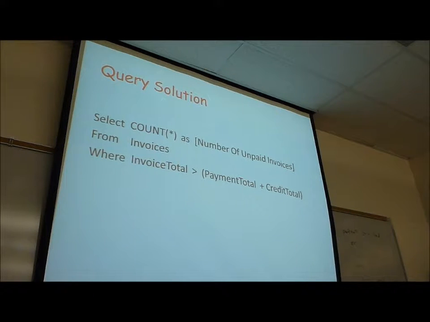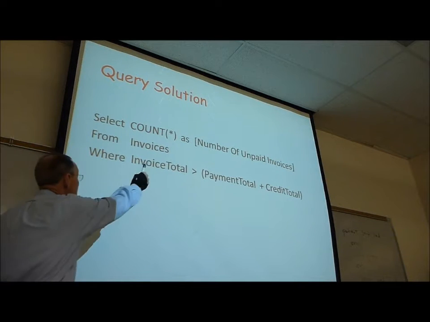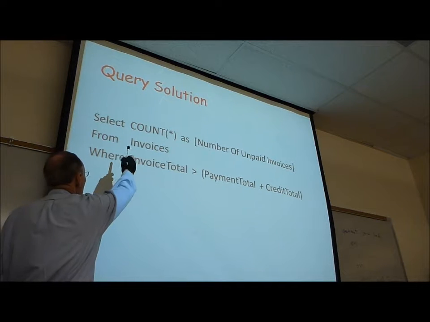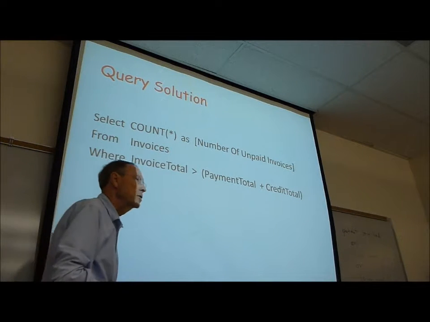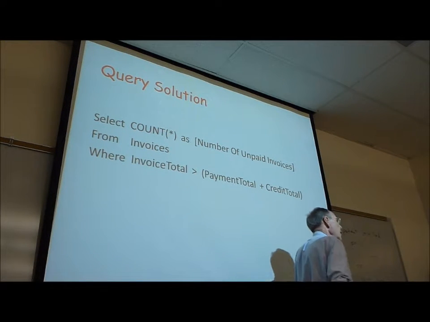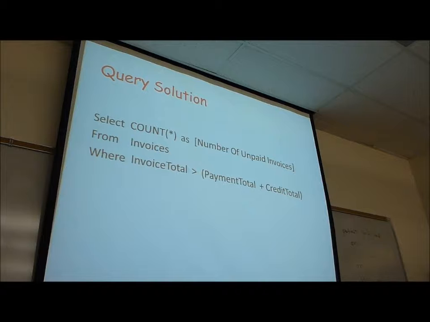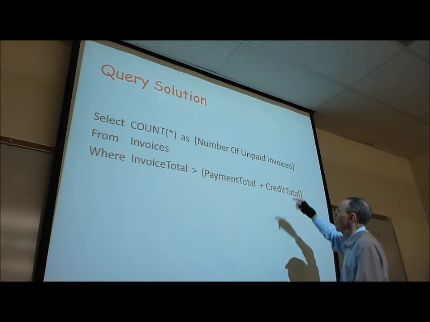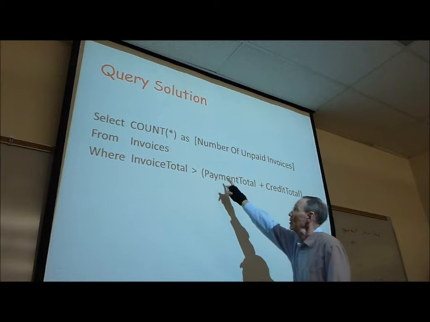So here's the example of the query. I'm going to count, and I'm going to call that the number of unpaid invoices. When we use these functions like this, we have to use a label because otherwise it'll come back with the usual no name or expression. I've got a nice name up there, and since it has spaces in it, I put brackets around it.